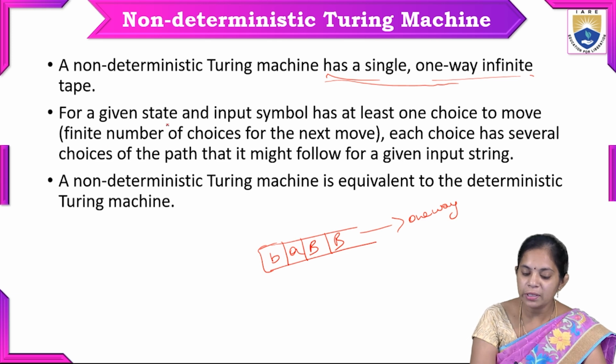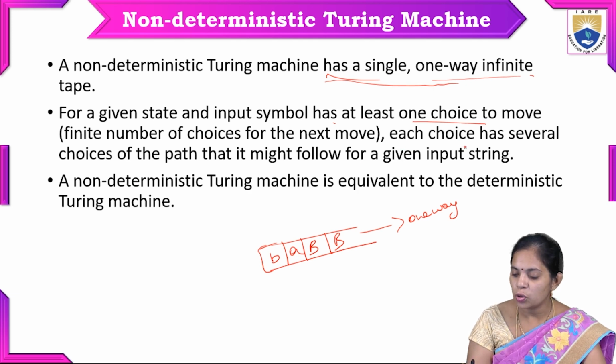And for a given state and input symbol, there is at least one choice to move. Each choice has several choices of the path.